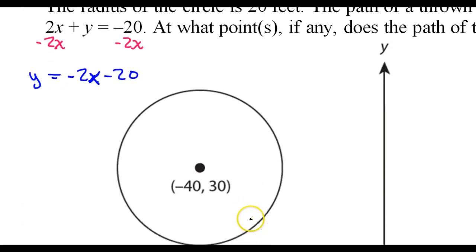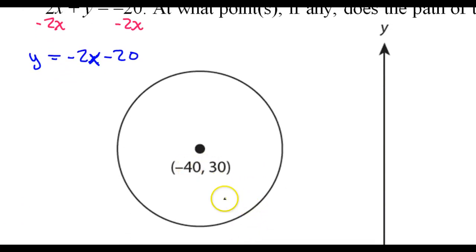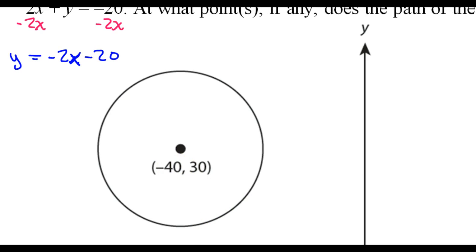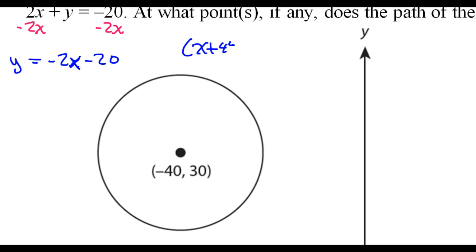So now let's talk about the equation of the circle. You see the center there is at negative 40 comma 30. So that means an equation of the circle would be x plus 40 squared plus y minus 30 squared is equal to.